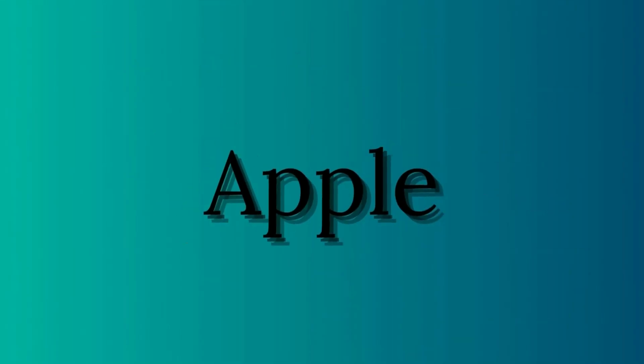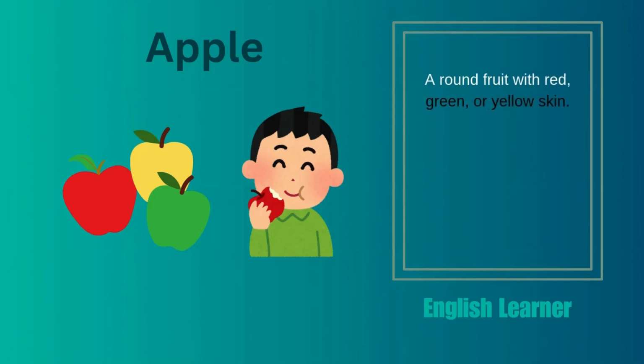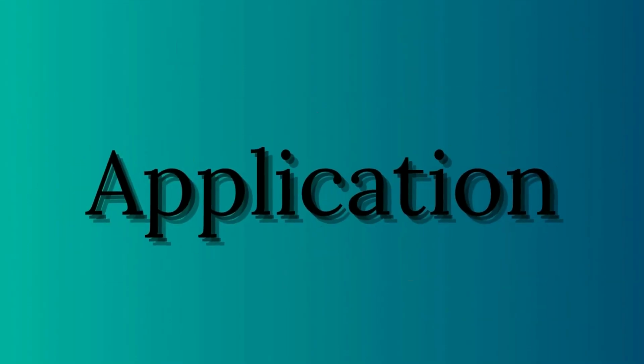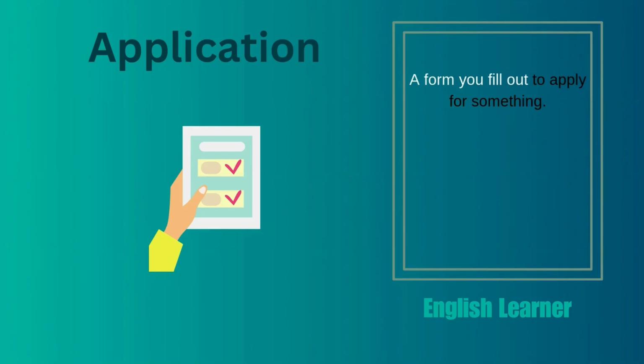Apple. A round fruit with red, green, or yellow skin. Example. I ate a juicy apple for my snack. Application. A form you fill out to apply for something. Example. She submitted an application for the job.